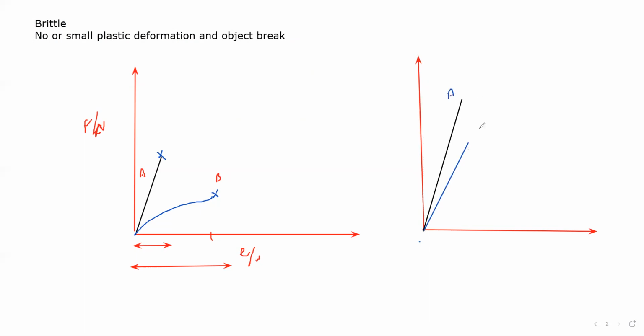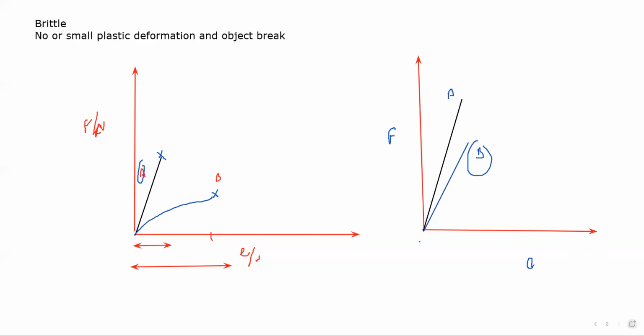So which is the brittle object in this example, A or B? The second one. Which one is brittle? B is a brittle object because it shows no or very small deformation and breaks down.